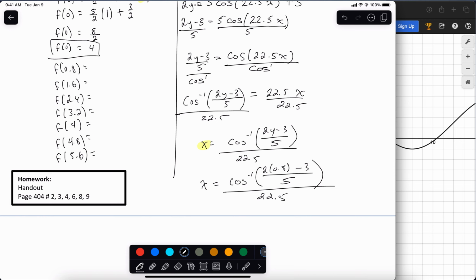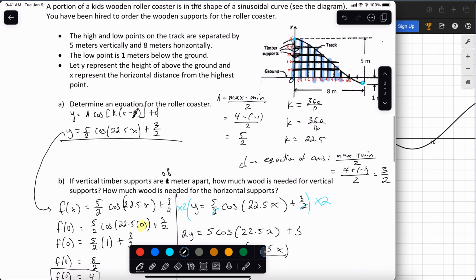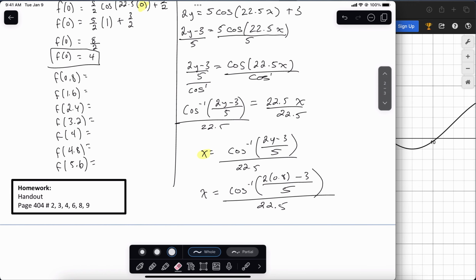I could do it again for 1.6, 2.4 and 3.2, and then add all those up again to get the total amount of wood that I would need for the horizontal supports. Okay, in total I would take the sum from the vertical supports and the sum from the horizontal supports. That would be the total amount of wood that I would need in order to create that little section of the roller coaster.